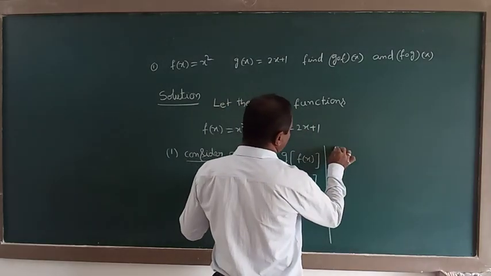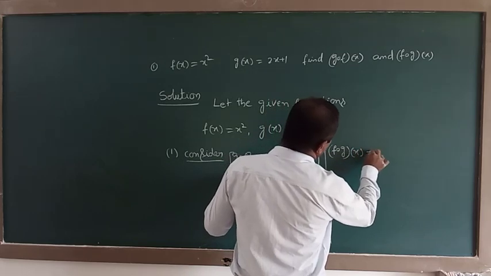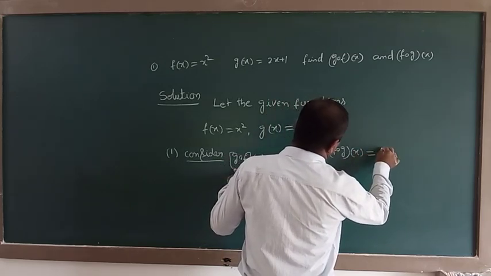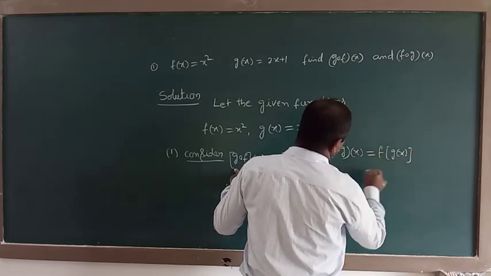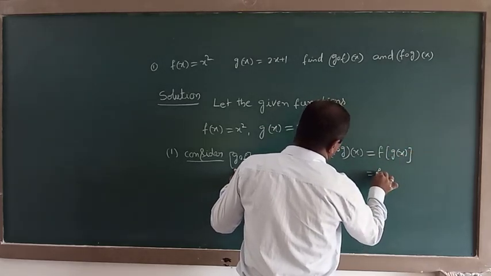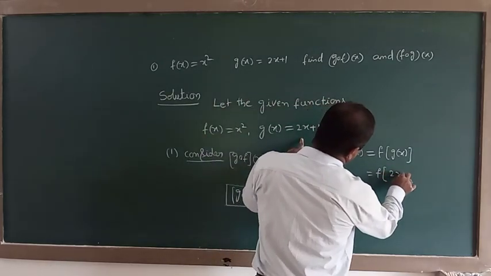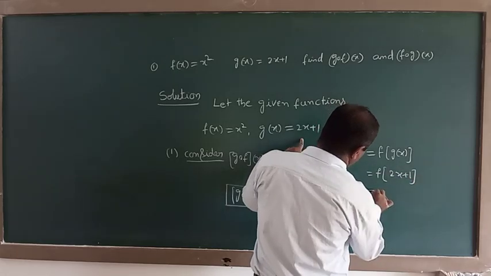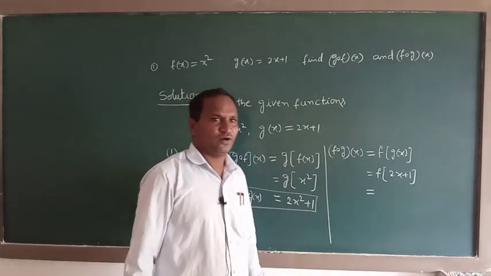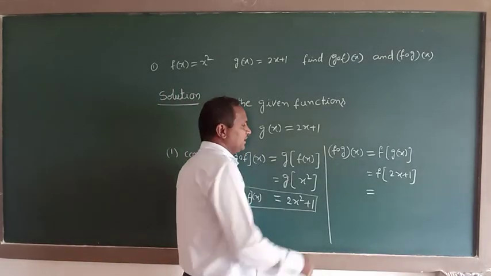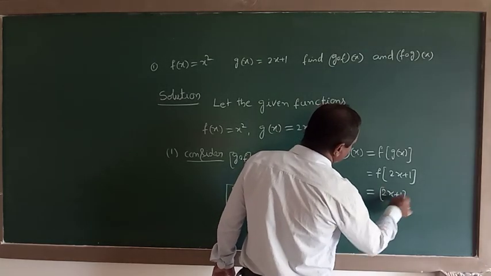Next one is the second question, f circle g of x. F circle g of x is f of g of x. G of x is 2x plus 1. What is f of x? x square here. So we can write (2x plus 1) whole square.